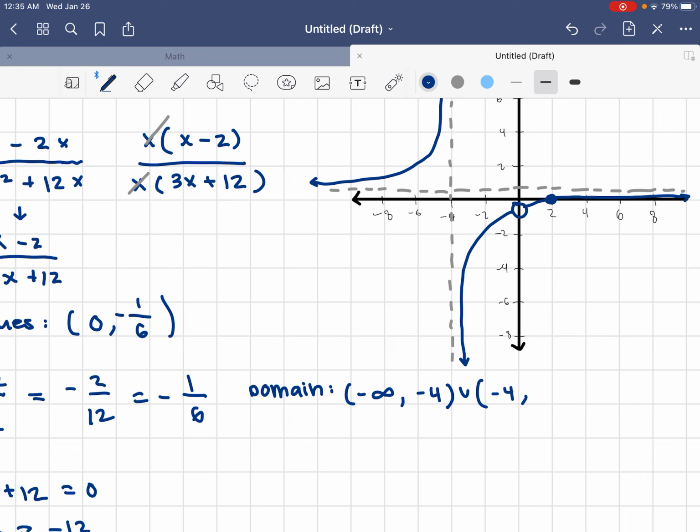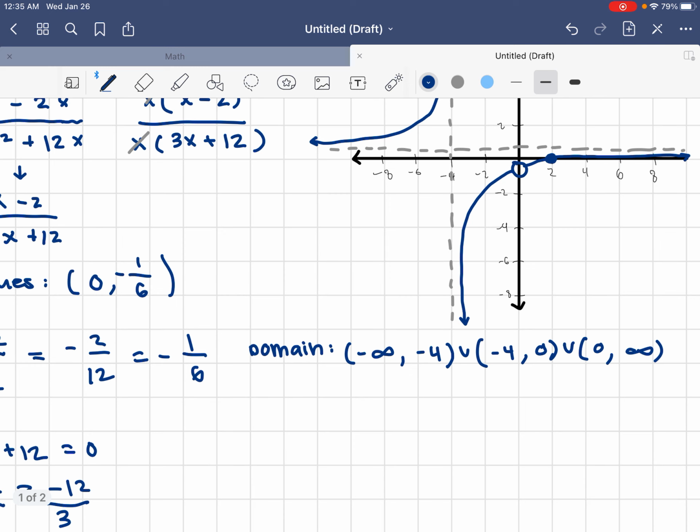Okay, and then we're gonna go to 0 because we have a hole here. So our solutions are gonna continue here. It's not gonna touch that. It's gonna continue through here. Not gonna touch that, and it's gonna continue through there. So this would be 0, doesn't include 0, and then it's going to go to infinity.